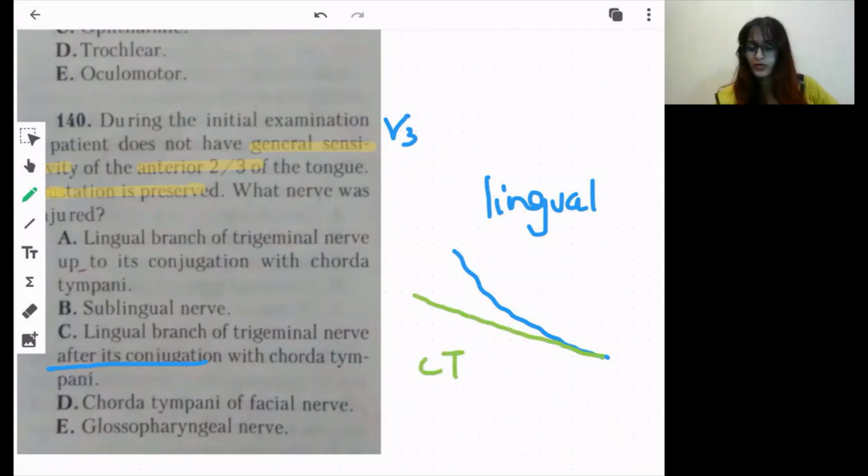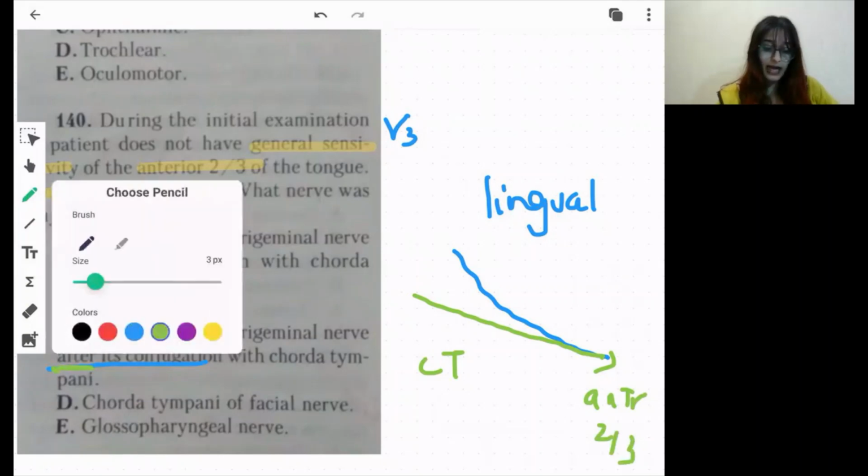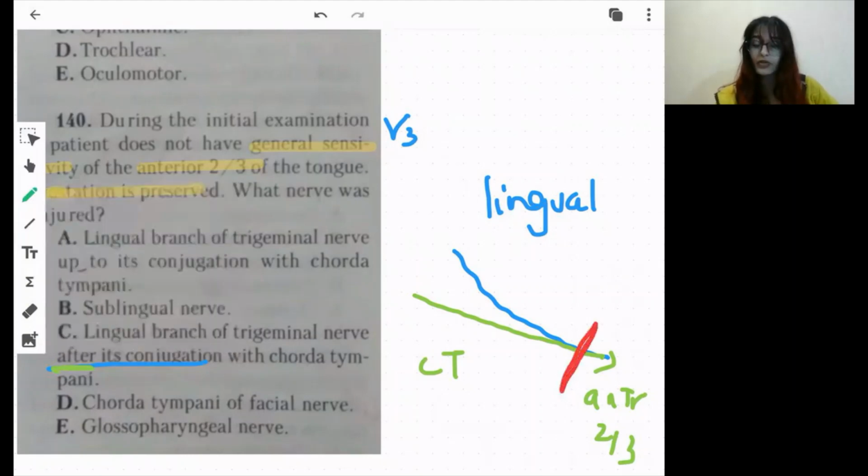So this will go to the tongue, to the anterior two-third, right? So they are saying lingual branch of trigeminal nerve after its conjugation. See, if the damage is here after its conjugation, so obviously not only the lingual but also the chorda tympani branch will be affected. So the taste cannot be preserved, the taste will also be affected.